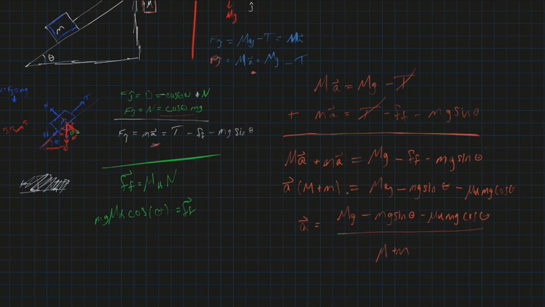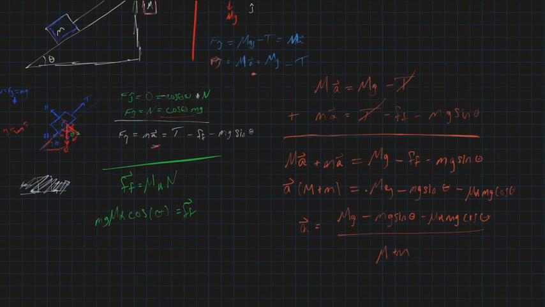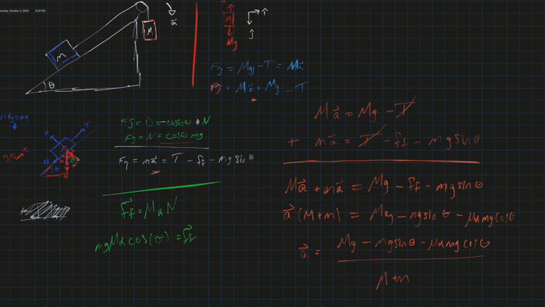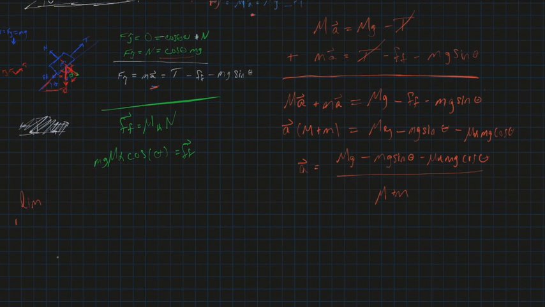We also could factor out a g here, but let's just leave it. Now let's see if this equation works. A good way to test that, in my opinion, is to take this mass and set it equal to 0. So we're going to take a limit. We're physicists, we like limits. The limit as this m, which is small m, approaches 0 of this acceleration function.